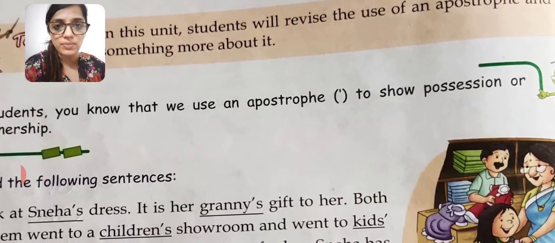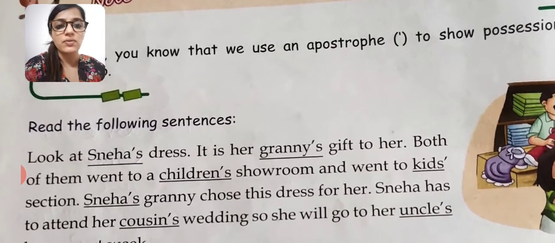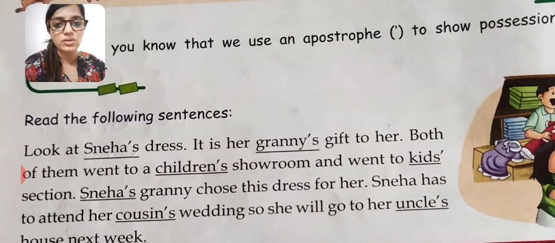When we own something, when it is ours, then an apostrophe is used. Like granny's pen, or Sita's book. It means uska, Sita ka, Gita ka. So that means possession. We'll read the following sentences and it will be more clear to you.